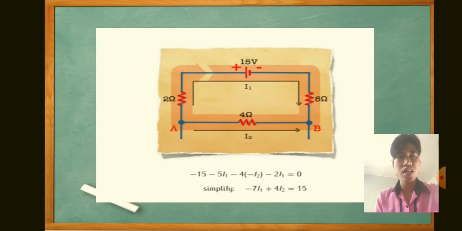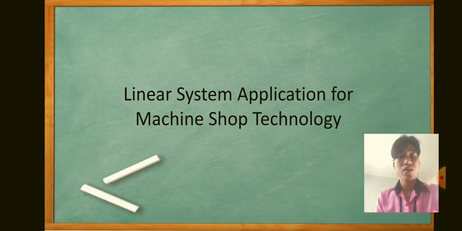So, in order to solve this, it will become negative 15 minus 5I1 minus 4 times negative I2 minus 2I1. Simplify, it will become negative 7I1 plus 4I2 is equal to 15. So now, we will use linear system application for machine technology.